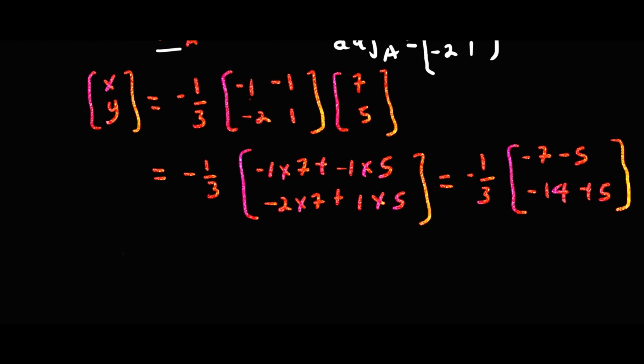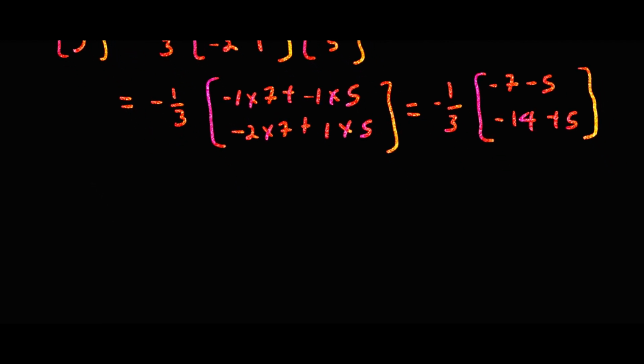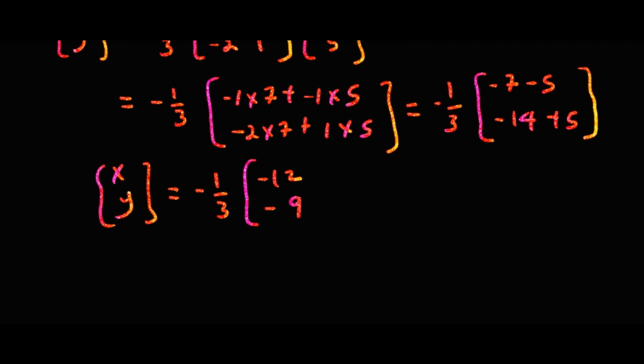So let us simplify this down here. We have that the matrix x, y is equal to negative a third into, now we have minus 7 minus 5 is minus 12, and minus 14 plus 5 is minus 9.